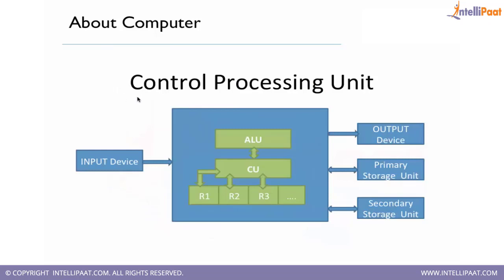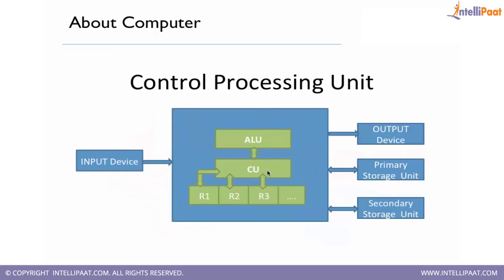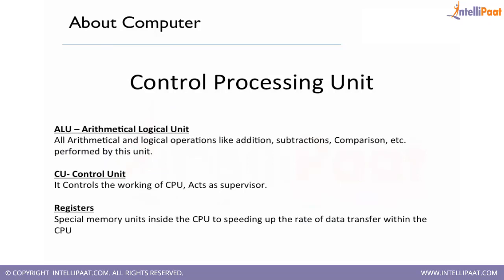So, what is the central processing unit, or CPU? If you zoom in into the CPU, we will have a vision of this, which comprises the ALU. ALU is nothing but the arithmetical logical unit.